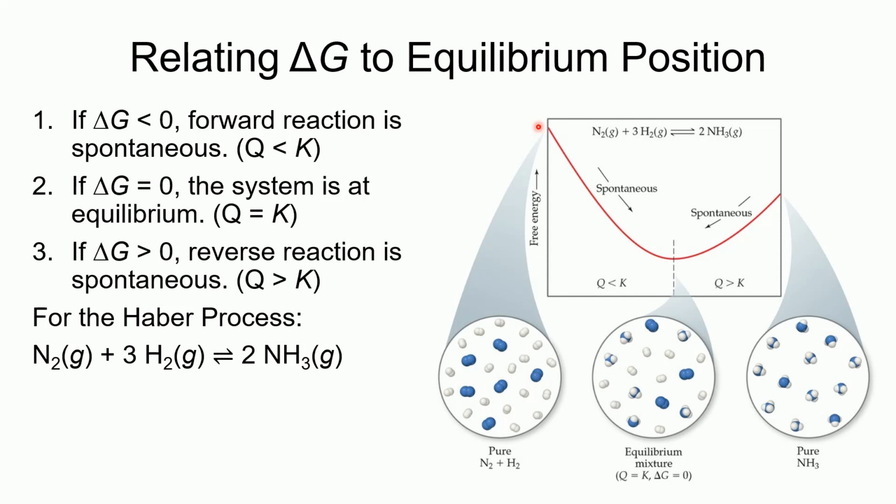If it's over here, it will proceed to the right to go down in free energy and be spontaneous. And if it's over here, it will go to the left to go down in free energy. But in either of these cases, we will find that here it was not at equilibrium, and down here it will be at equilibrium. So that is a free energy diagram. It's just another way of thinking about how these things relate.